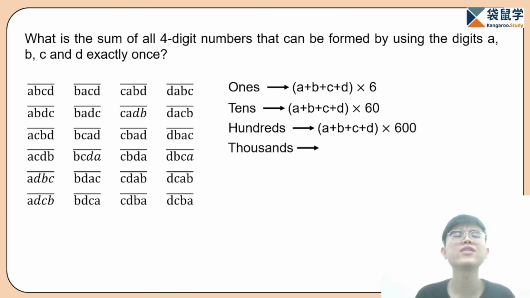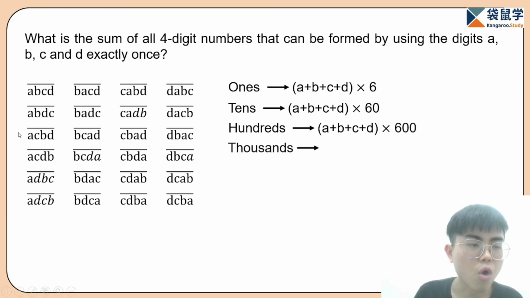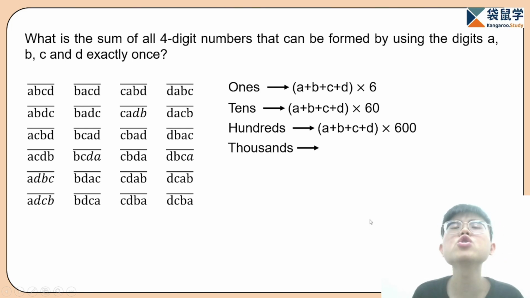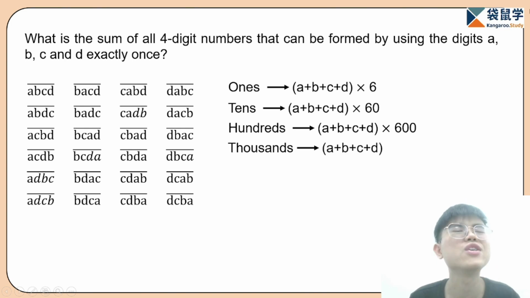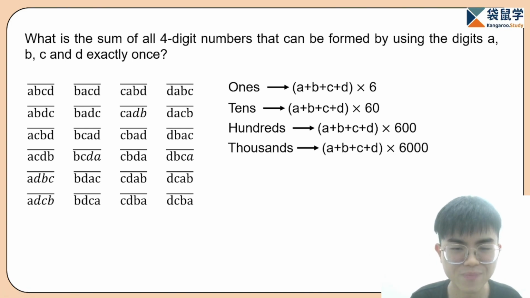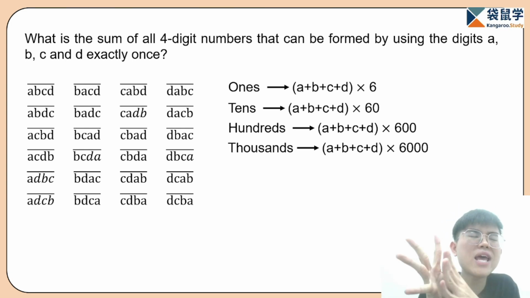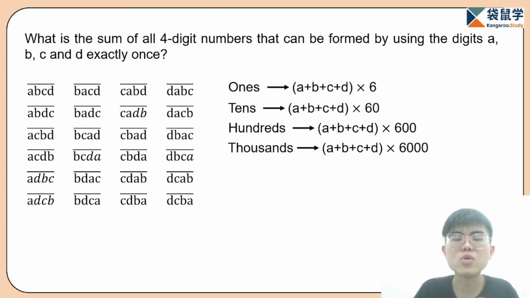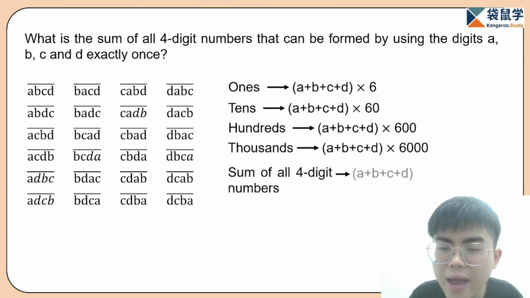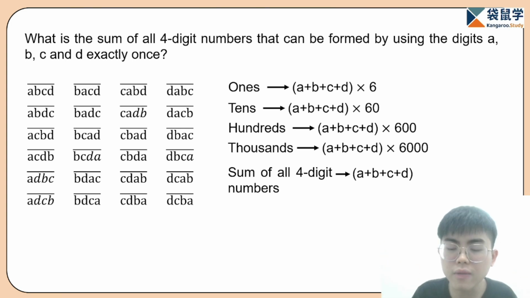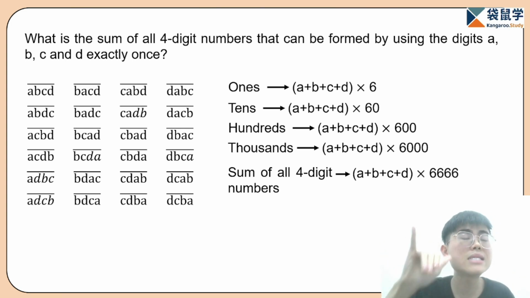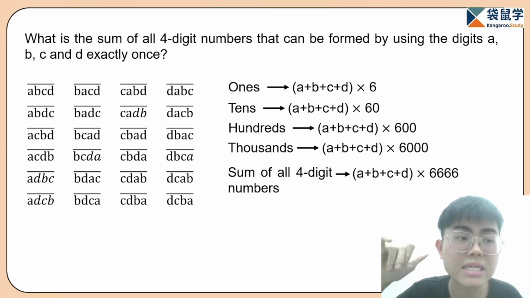And finally for the 1000 place, all of them also appear 6 times. So you have to sum up all of the digits and multiply by 6000. So guys, you can see that even though we have the digits A, B, C, D, we just have to find the summation of all of the digits and multiply by 6666.